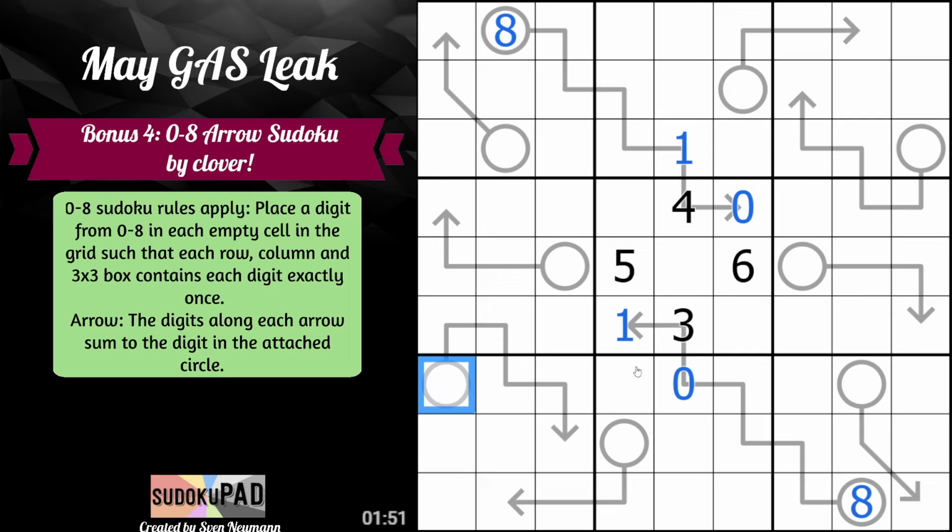Hmm. What are we missing here? See, that seems pretty straightforward, right? This makes sense.